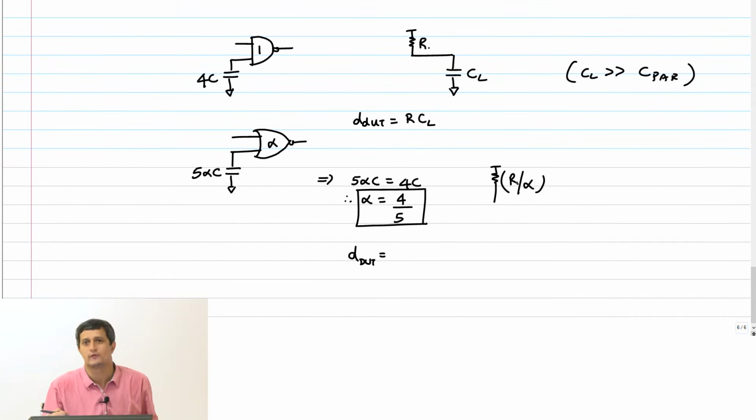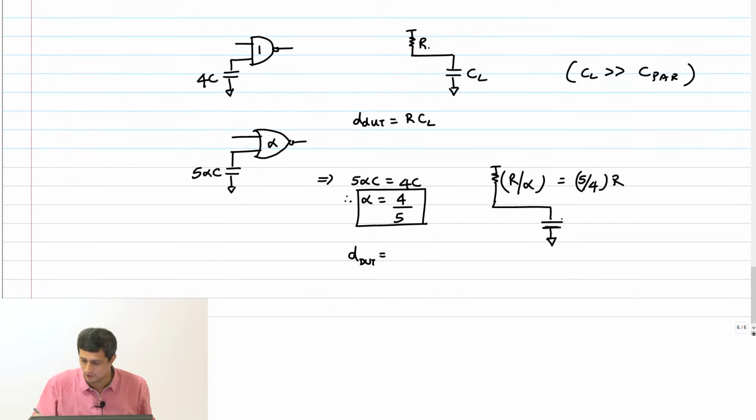And alpha is 4 by 5 and therefore you will get 5 by 4 times R, and this has to drive my load capacitance, right? That 64x inverter, whatever it is. So this will be 5 by 4 R into CL.